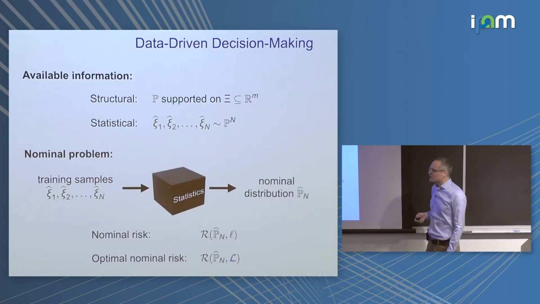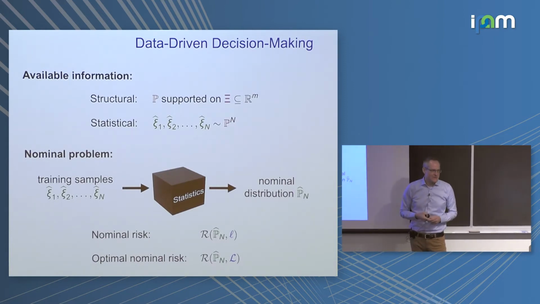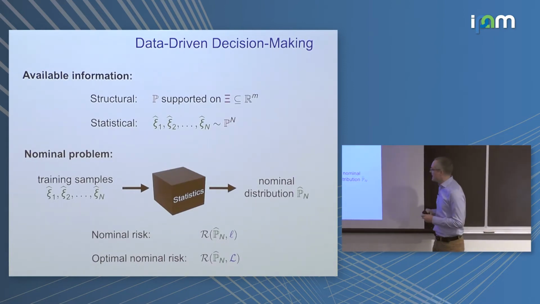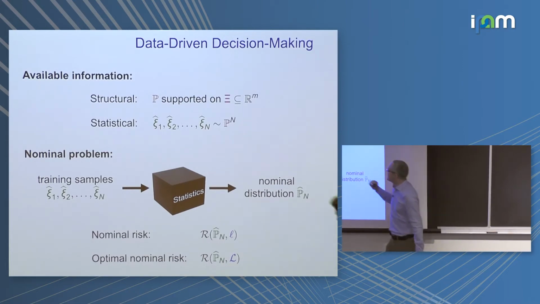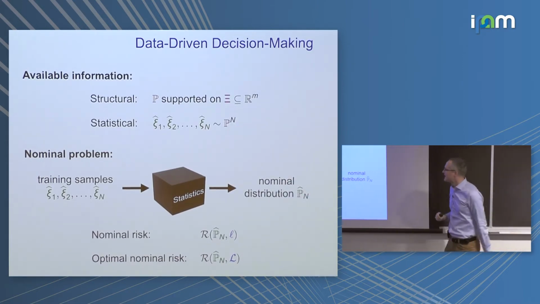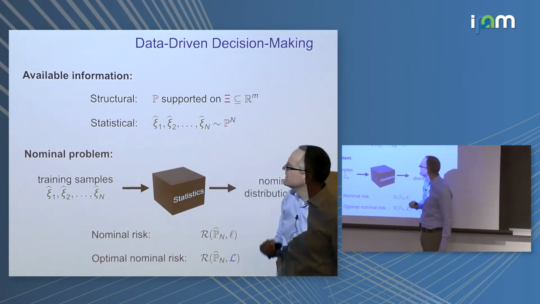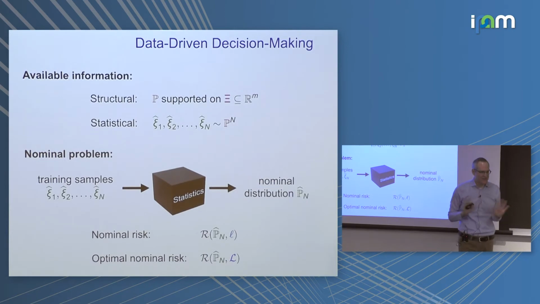So in this talk, I'm going to assume that we're only given limited structural and statistical information about this distribution P. First, I'm going to assume that I'm given a set capital Xi that is known to contain the support of P. And besides that, I'm going to assume that I have access to n independent samples from P. So that's all I know.